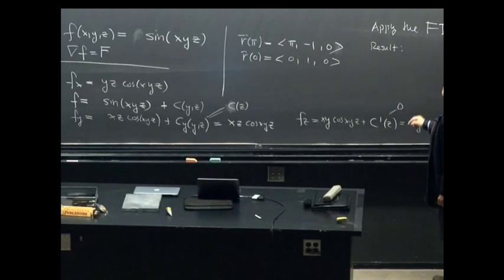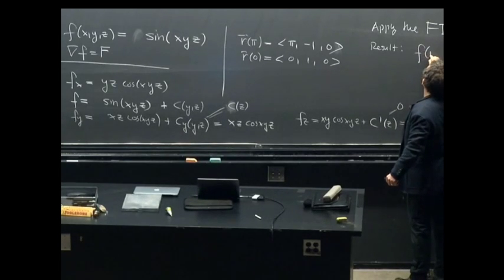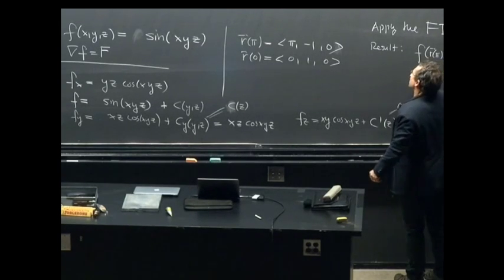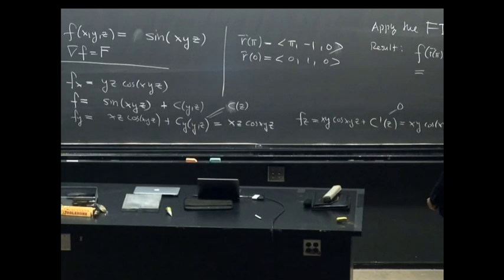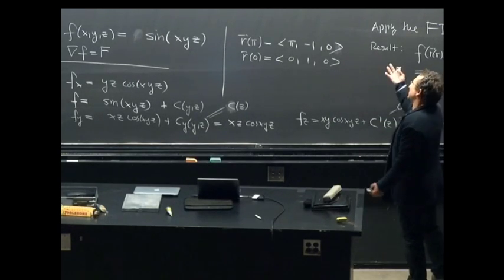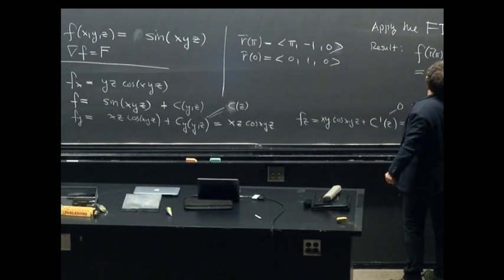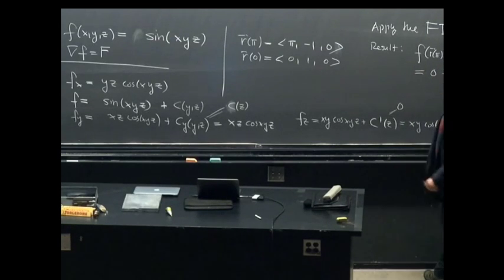And so the result is f of r of pi minus f of r of 0, which is evaluating the function sine xyz here. That actually is equal to 0. It's not very interesting. So this car has not done any work.